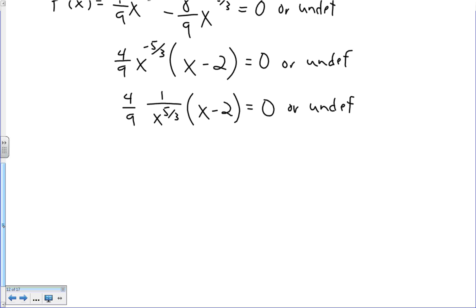So my two critical points are where x is equal to 2, since the x minus 2 would give me a 0 when x is 2. And to get this thing undefined, again, if I plug in 0, I'm going to be dividing by 0. So I find two critical points for f prime.